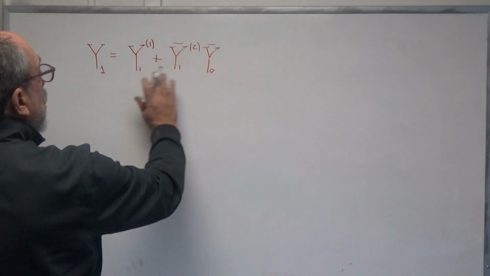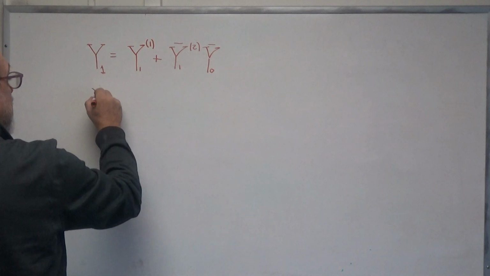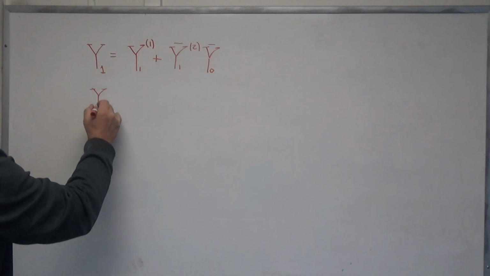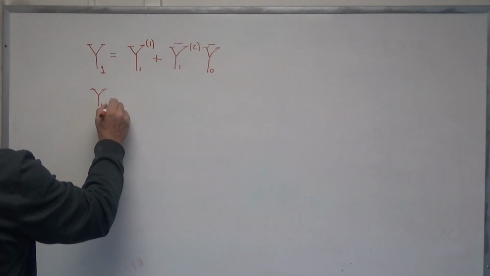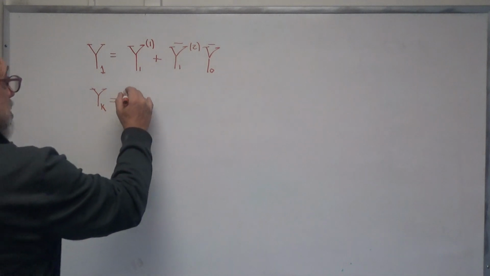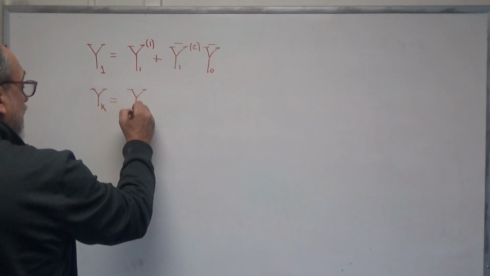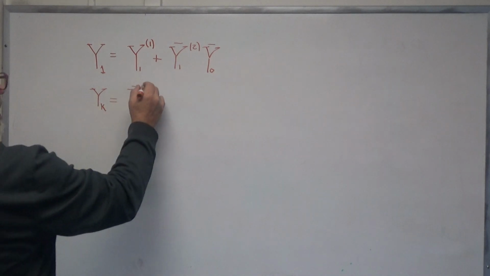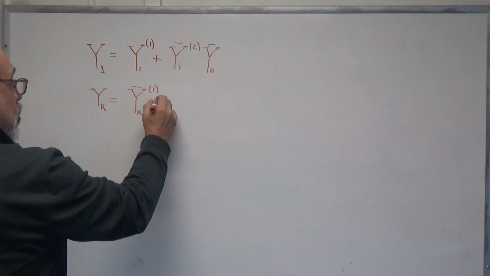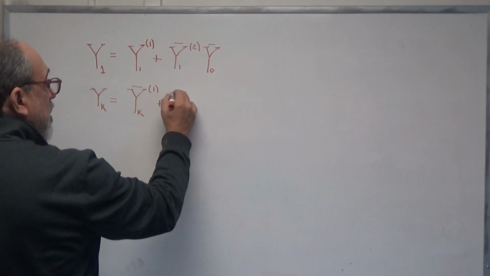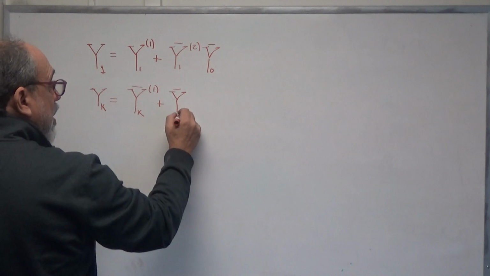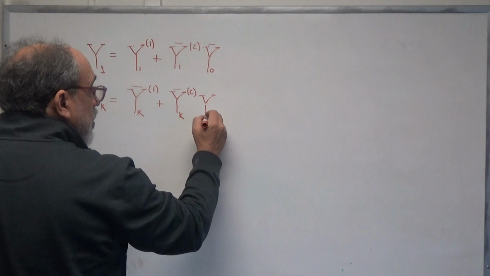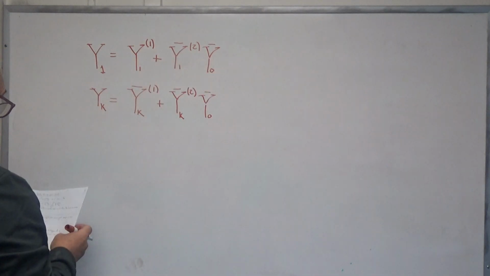Now, you can go through the motions and try to derive this if you'd like. There is no need. It's kind of a tedious process, but once you go through it, you conclude that the Markov parameter K can be obtained from a recurrence in which you take the observer Markov parameter K part 1, you add the observer Markov parameter K part 2 multiplied times the 0, just like we had here, sort of.